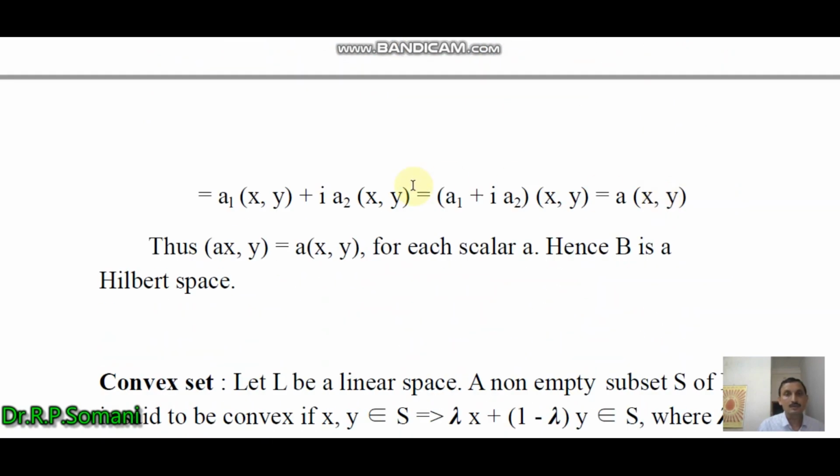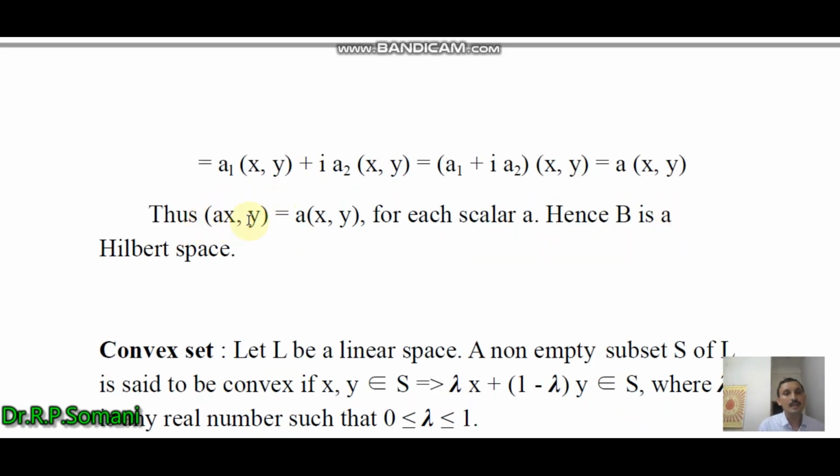Then this equals a1 plus iota a2, x, y, which equals a x, y. So thus we obtain that a x, y equals a x, y for each scalar a. Hence H is a Hilbert space.